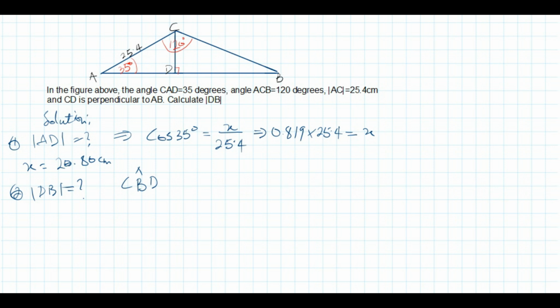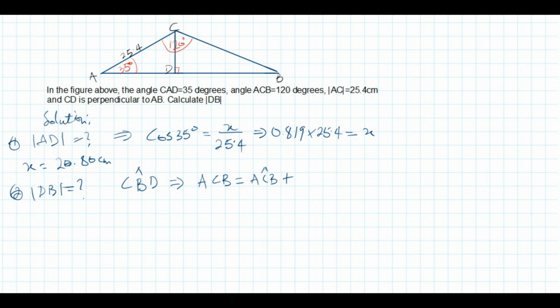To get angle B, we are saying the triangle ACB should contain the angle C.